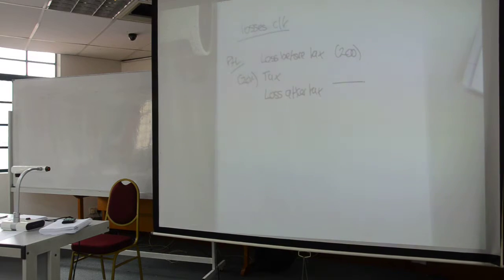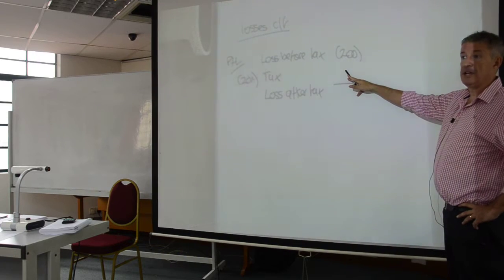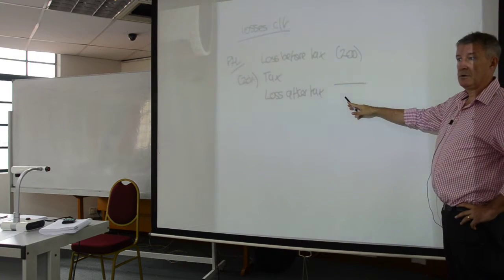Let's imagine you're looking at a business which has got a loss of 200. Let's imagine the jurisdiction has a tax rate of 20%. Let me give you three alternatives. Alternative one, tax charge is nil. Just put nil there, loss will be 200.